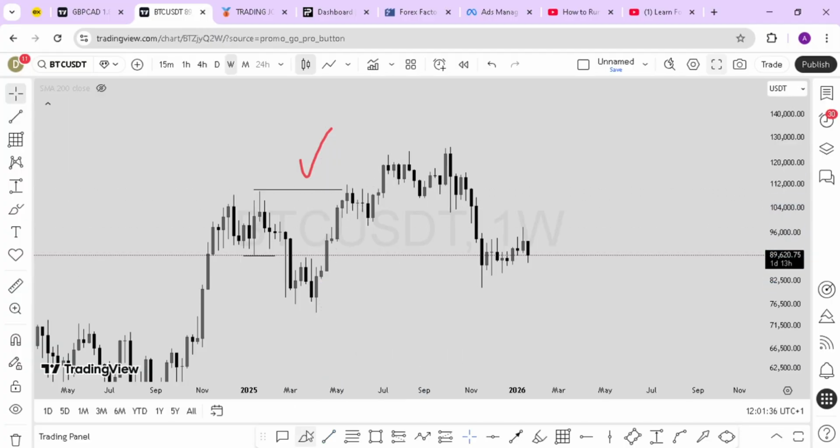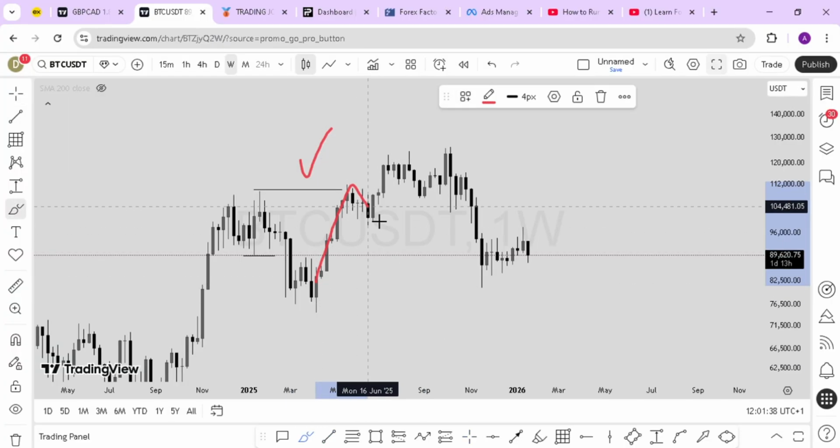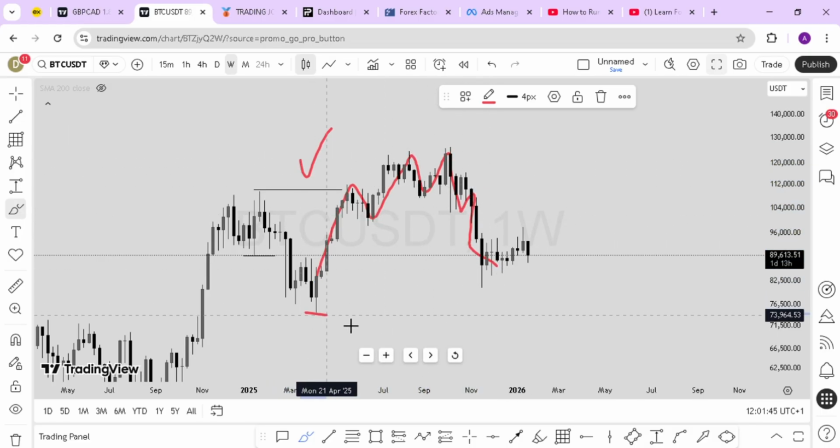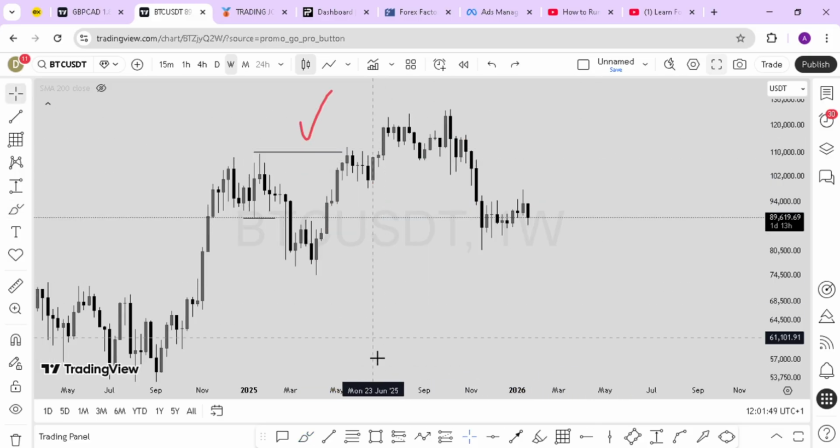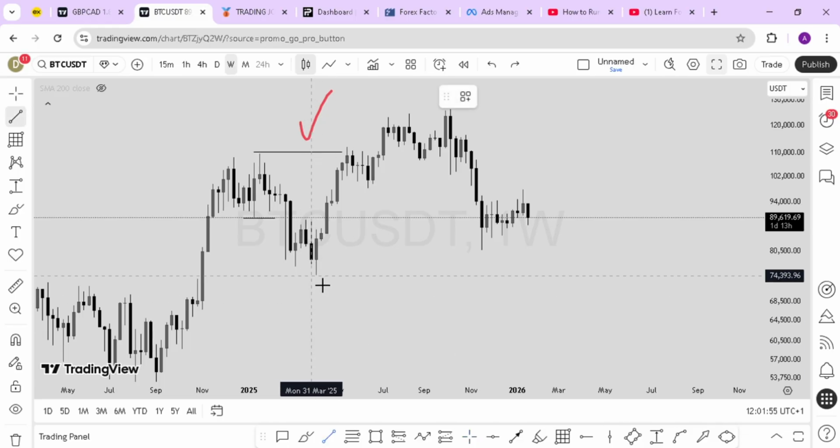Sorry, let me use this. So the market gave us this, then this, then tried to come down, and so this is going to be our low, irrespective of what the market is doing now. This is our recent low that must be protected, and not an ordinary low that must be protected.